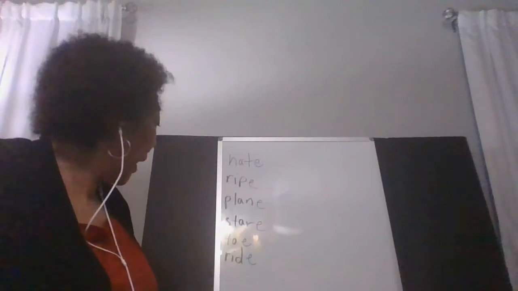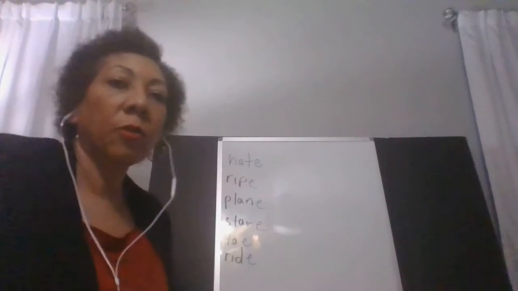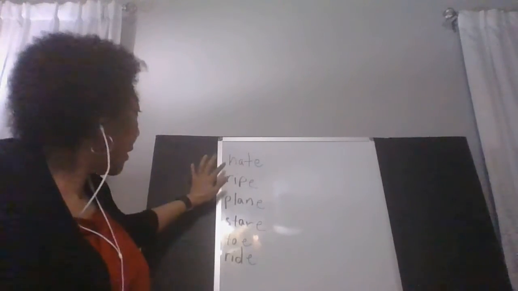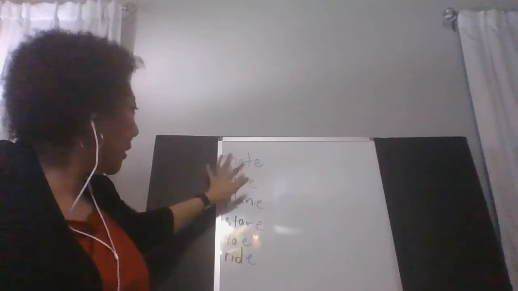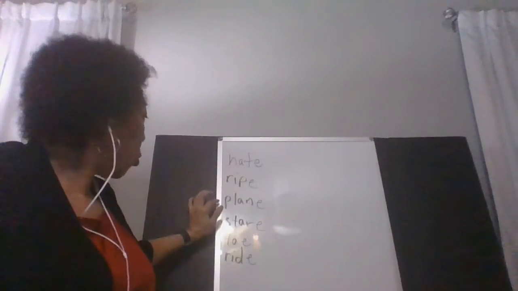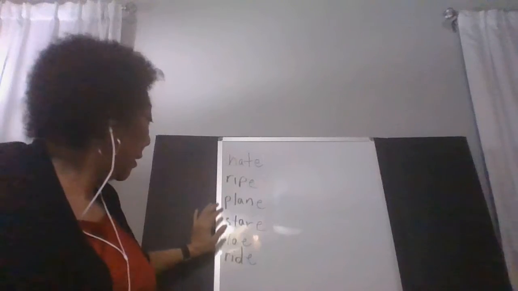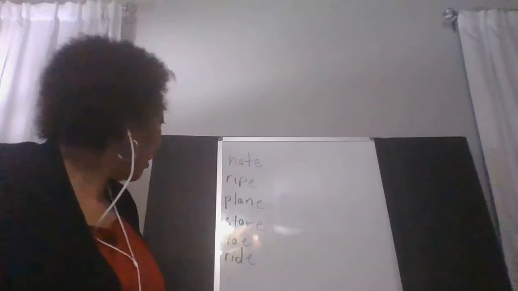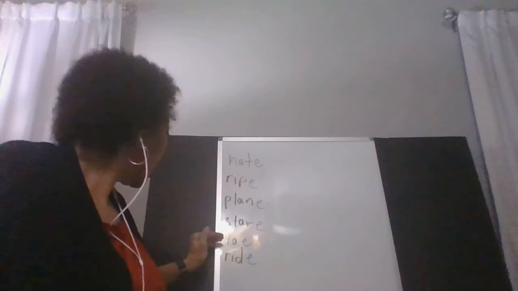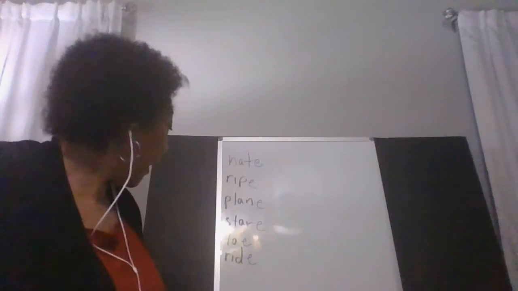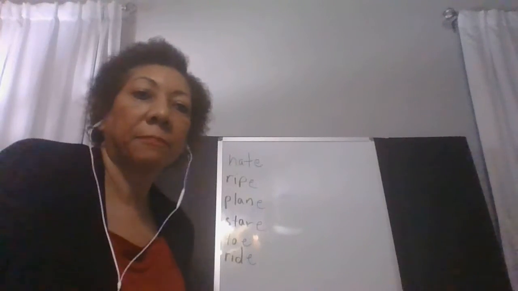To is toe. And rid is ride. We wouldn't pronounce hate as hate-e, or ripe as ripe-e, or plane as plane-e, or stare as stare-e, or toe as toe-e, or ride as ride-e.